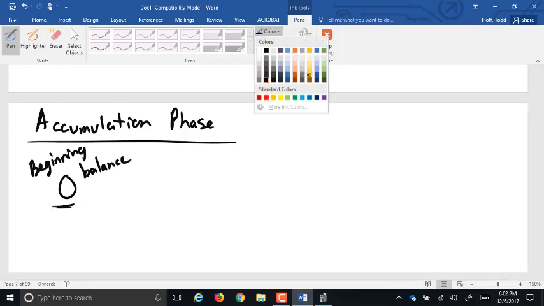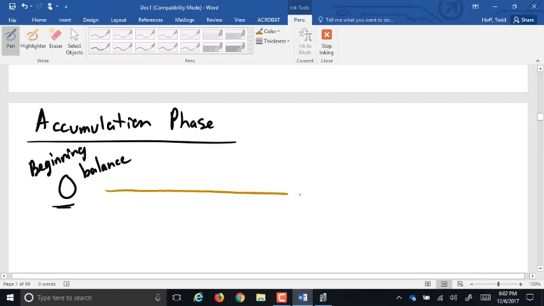And we are going to be building up to a future value. And in between here is going to be regular periods.